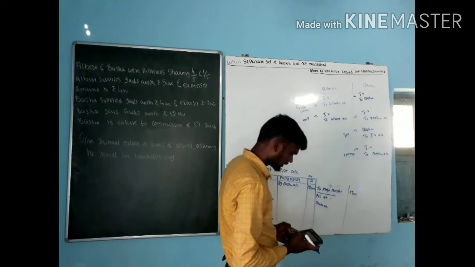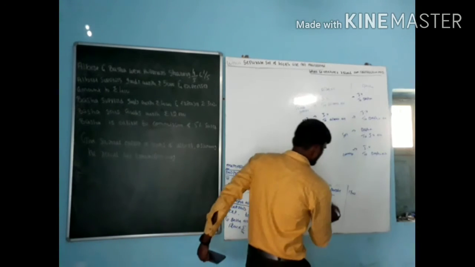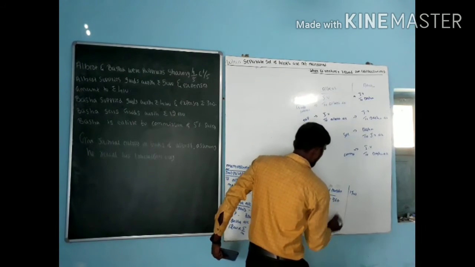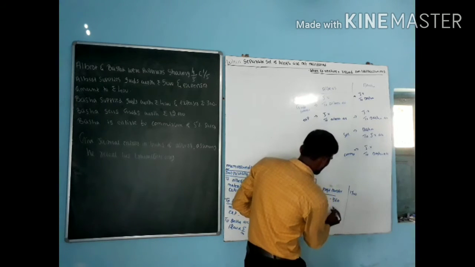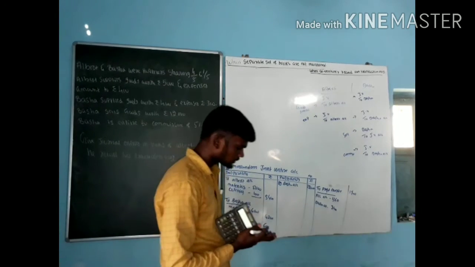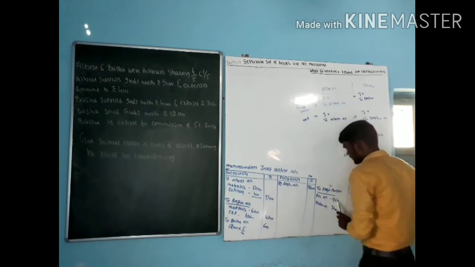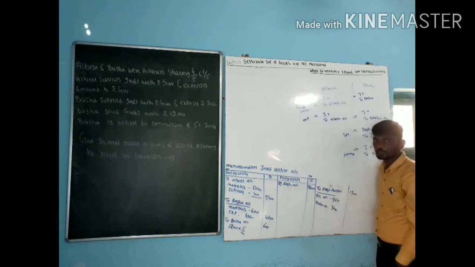That is 1,700 into 4 by 5, that is 1,360 for Albert and 340 for Basha. This is the profit from the joint venture. 1,360 is the profit taken by Albert through the joint venture.